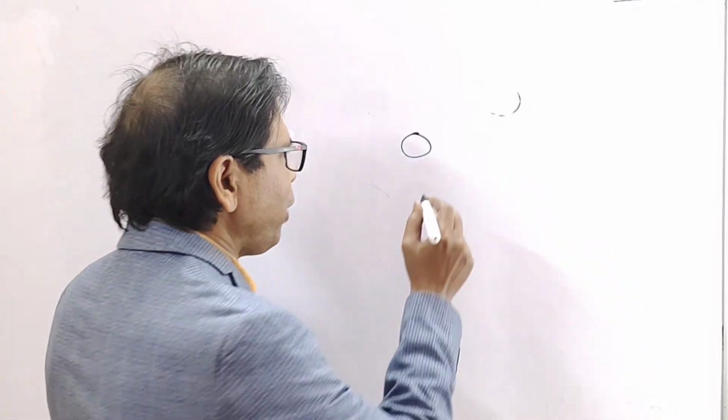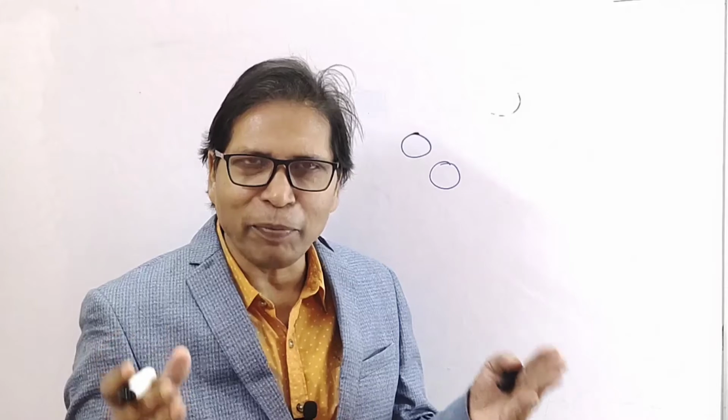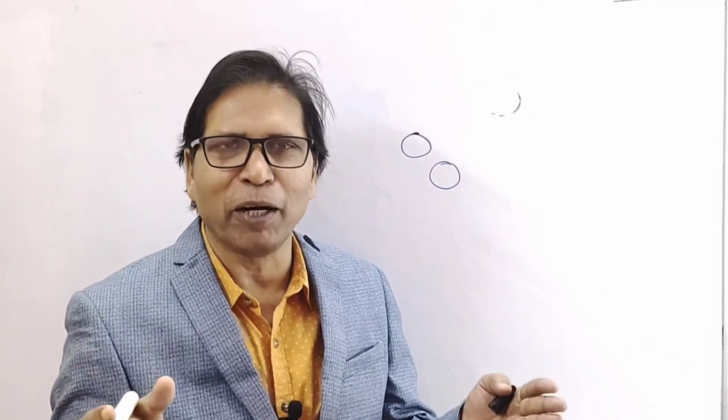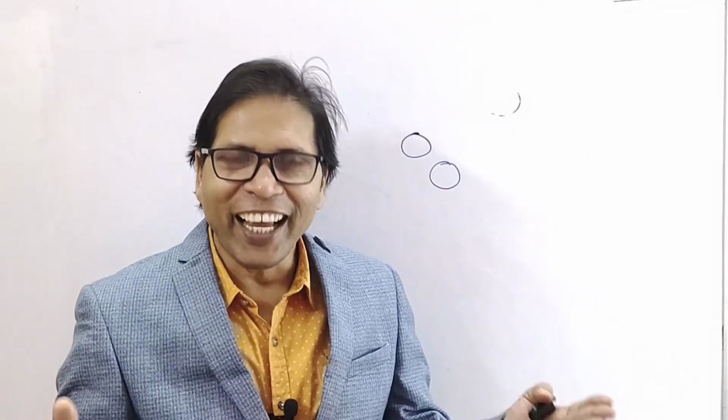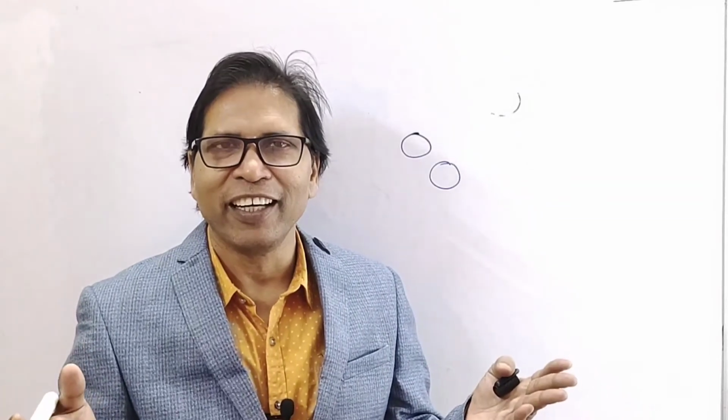In the absence of external forces, all liquids take the shape of a sphere. Now, for a given volume, the surface area of a sphere is minimum. So all liquids have a natural tendency to take the shape of a sphere.